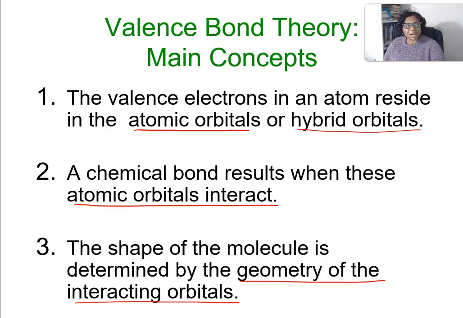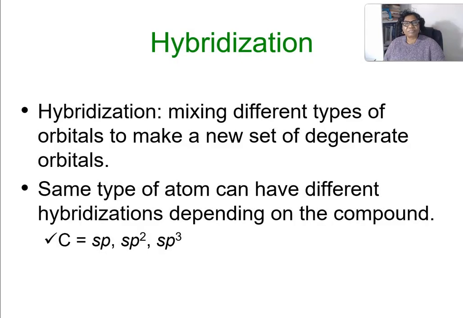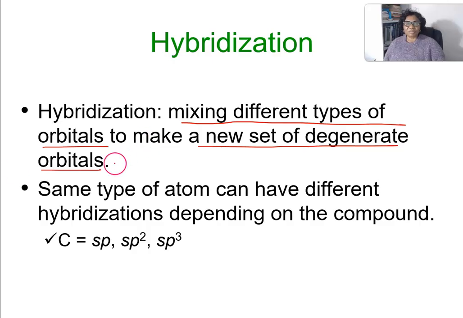So we'll talk about hybridization. Hybridization is defined as the mixing of different types of orbitals to make new sets of degenerate orbitals. So you are mixing up orbitals to make new orbitals which have equal energy. We call them degenerate orbitals.